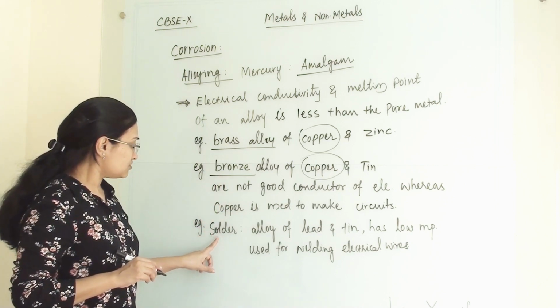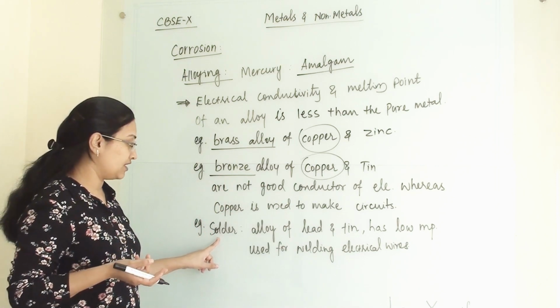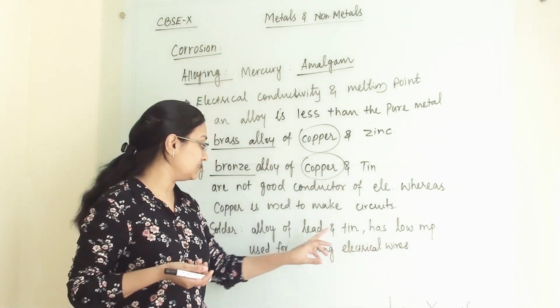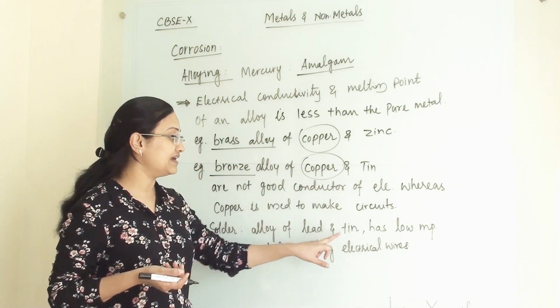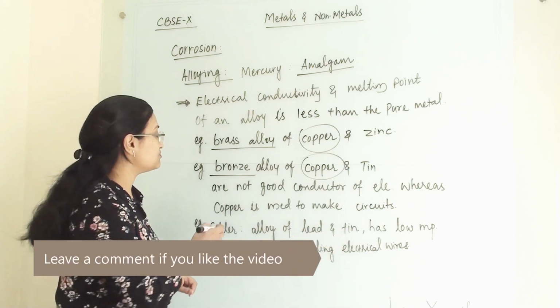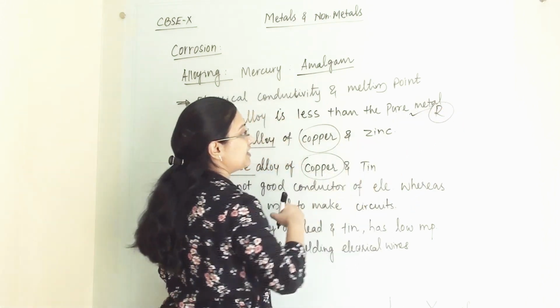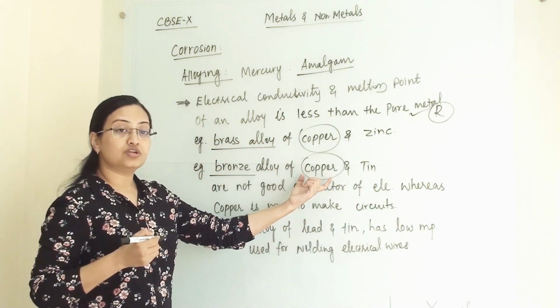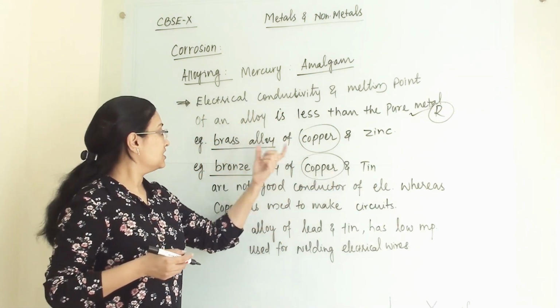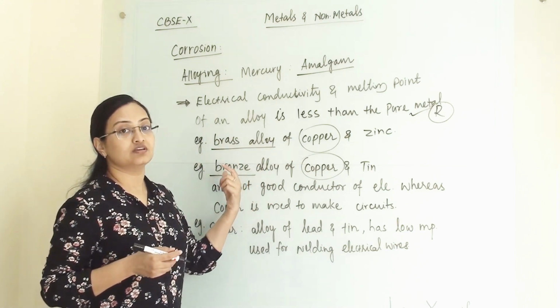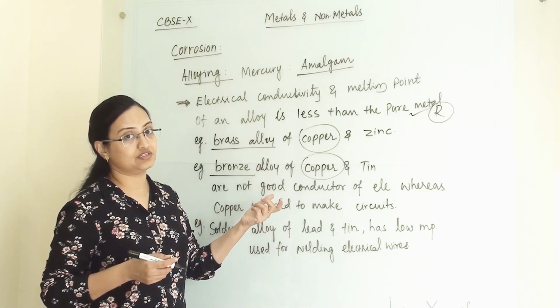Now, soldering is also an alloy which is used for welding electrical wires together, and it is an alloy of lead and tin. So this is one of the reasons which can be asked, that even if copper is a good conductor of electricity, the alloy of copper, that is brass or bronze, is not used for electrical circuits.